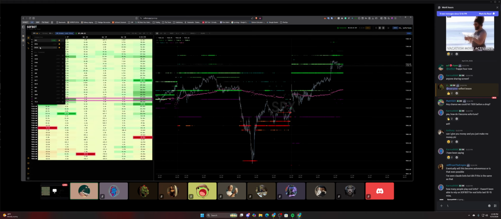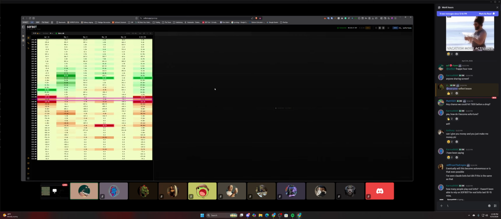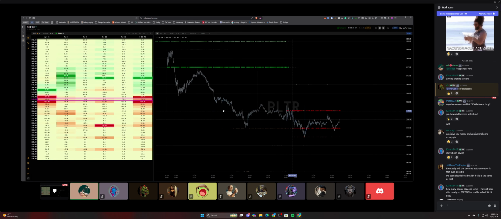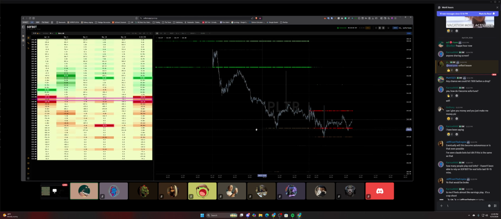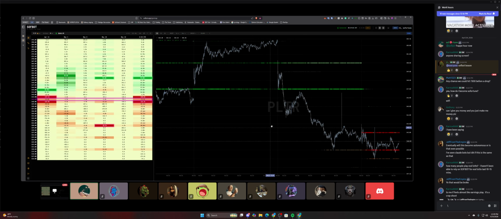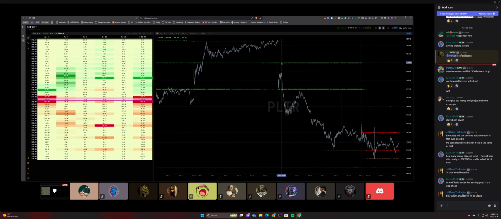I flip through these charts all the time to give myself more screen time, to get more comfortable with this and understand how price reacts. Here you see Palantir today come up to 142. Sure, it overshot a little bit, but straight to 140. It's not a huge move though. Price opened yesterday, hit 150 almost to the tick, and just sold.